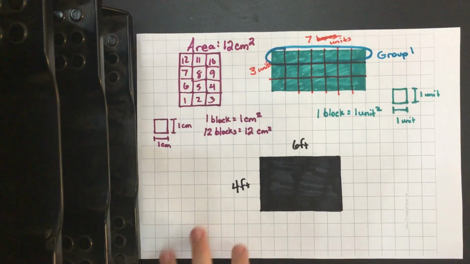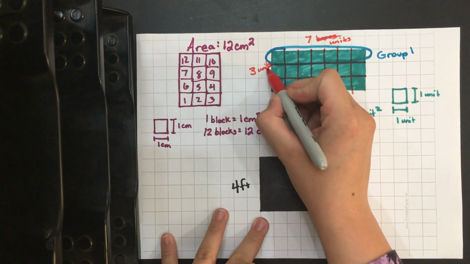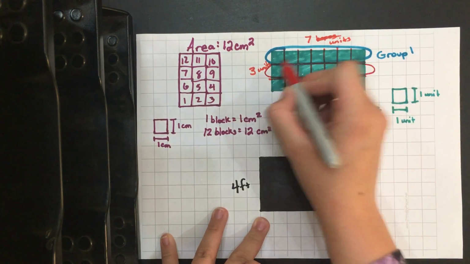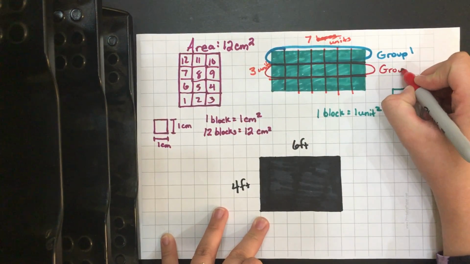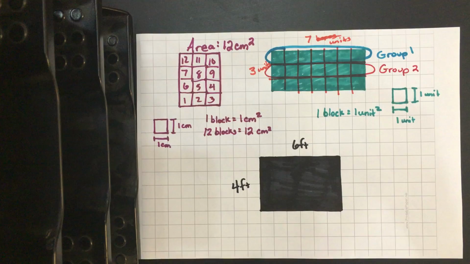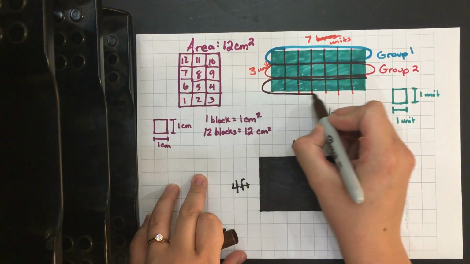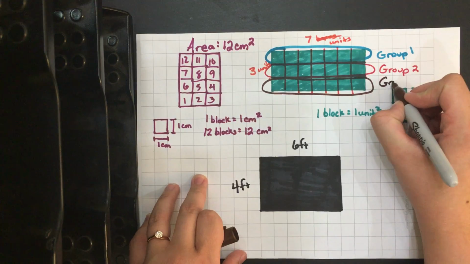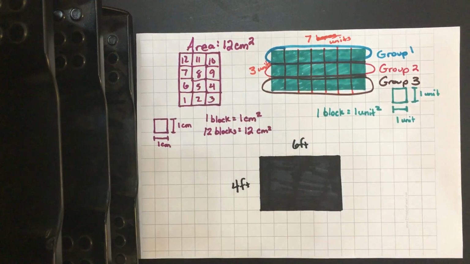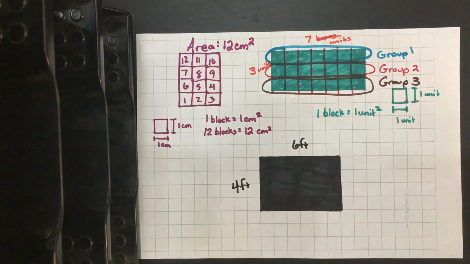And I want this one to be group 2. And we'll use the brown for group 3. Okay, so I now have split up our shape into 3 different groups.